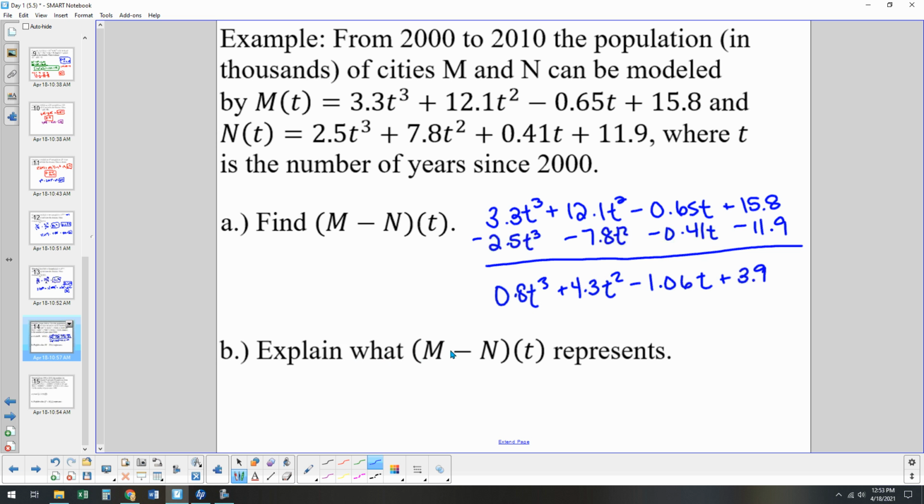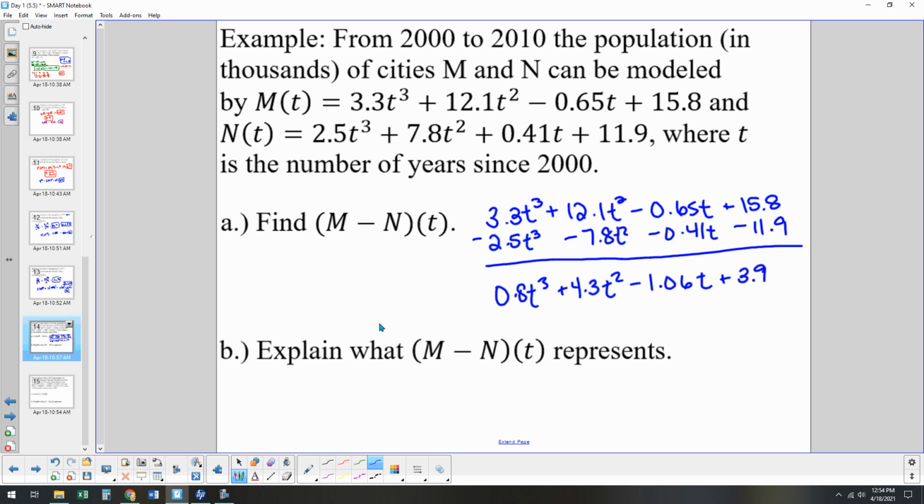And we want to know what M minus N of t represents. So if M was the population of city M and N was the population of city N, then by subtracting them, we're finding out how many more people live in M than N, right? We're finding the difference of them.